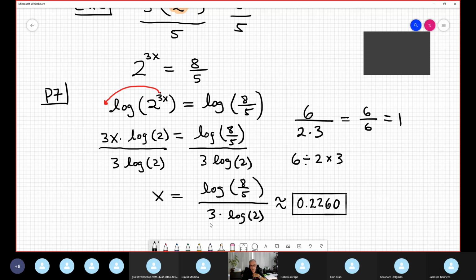So the calculator operates from left to right, and does this operation first. 6 divided by 2 is 3, and 3 times 3 is 9, and it's the wrong answer, right? However, if you enclose in the parentheses, the calculator understands very well that you are doing this first. So say 6 divided by 6. Make sense? Make sense? Yes. So I highly recommend when you have 2 guys, 3 guys, in the bottom, you enclose them in parentheses, right?